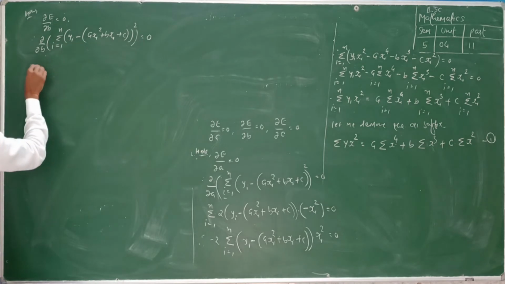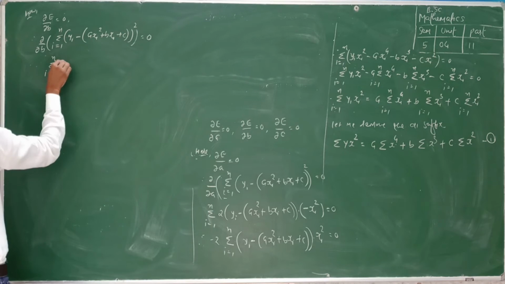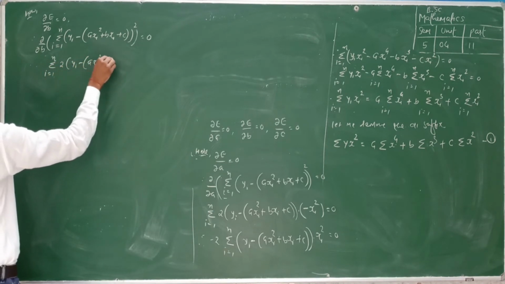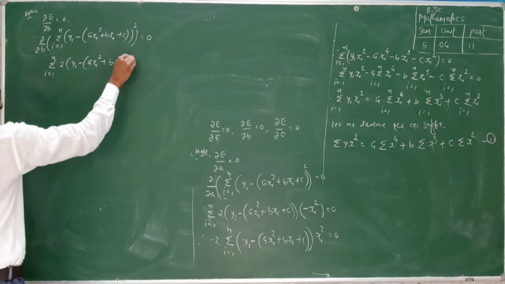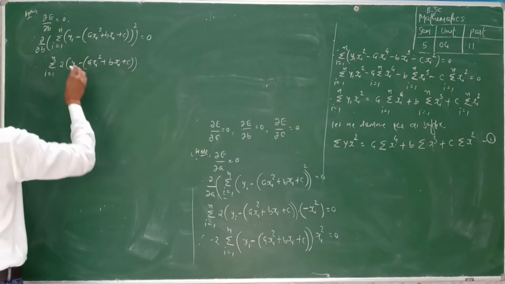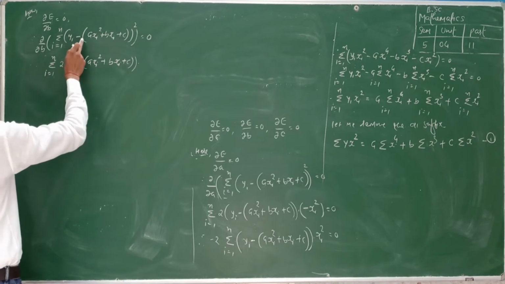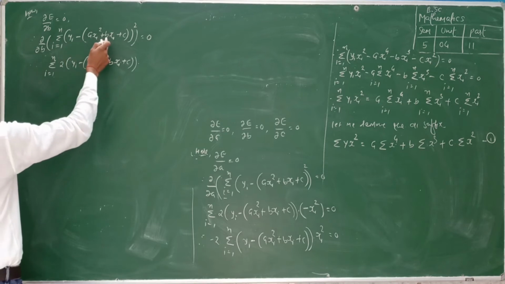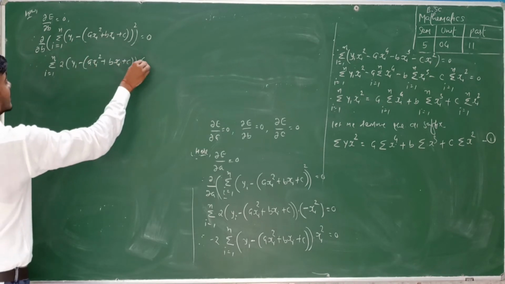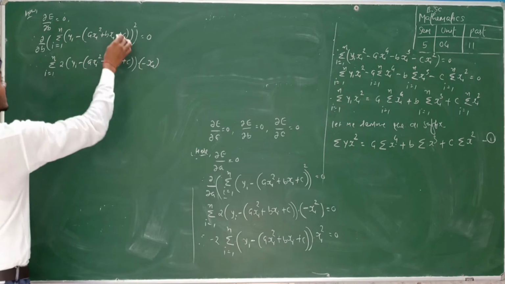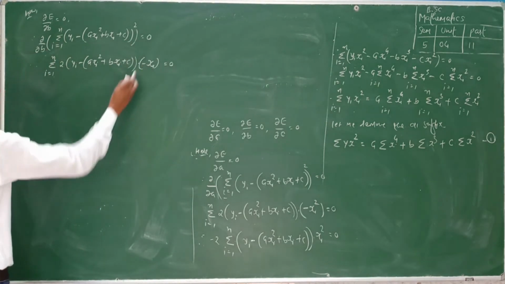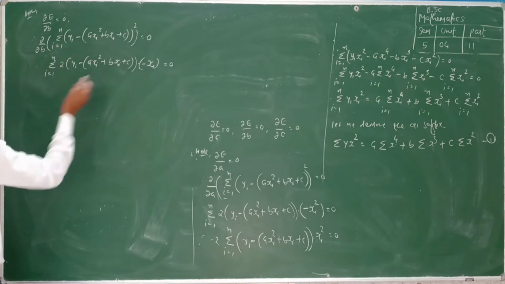Writing the partial differentiation, sigma i = 1 to n, 2 comes in front: 2 into yi minus (axi square plus bxi plus c), and derivative of yi with respect to b is 0, axi square with respect to b is 0, bxi separating the constant gives minus, so minus xi remains, and c with respect to b is 0, is equal to 0. Taking the minus and the 2 out and moving to the other side gives 0.